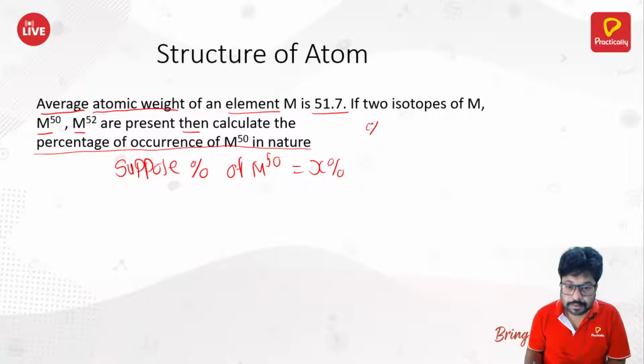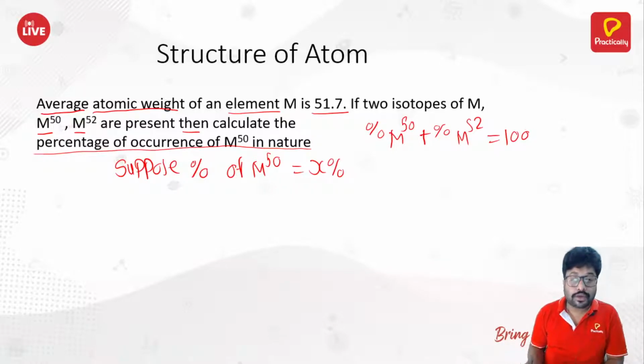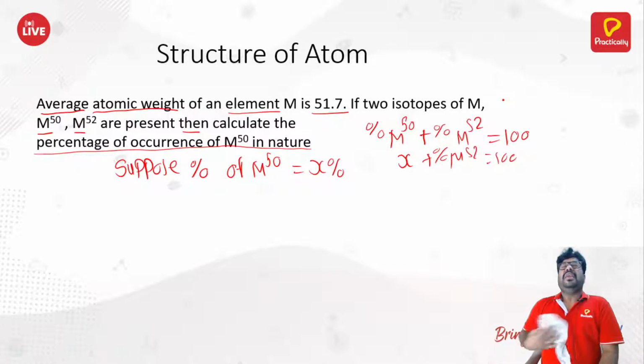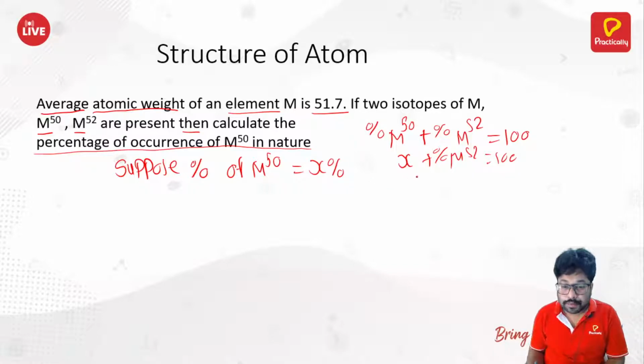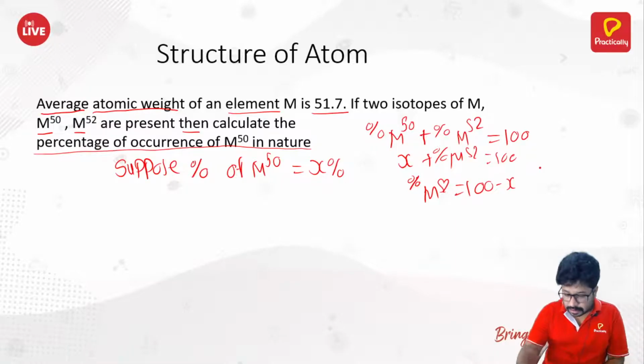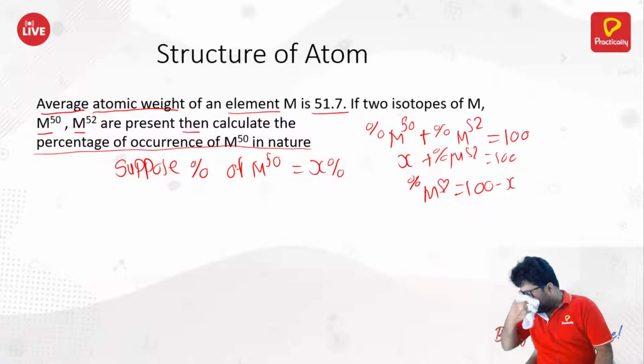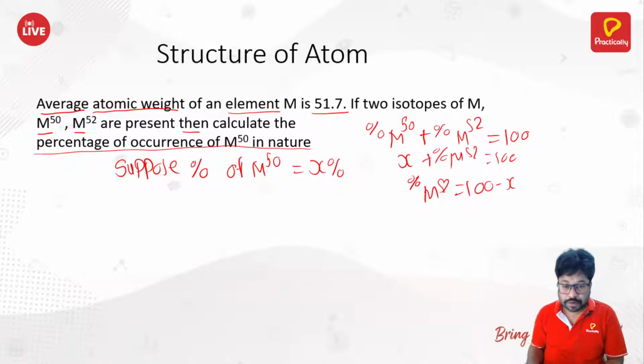Now you know that percentage of M50 plus percentage of M52 has to be 100, because those are the only two isotopes they are saying for M. So if for M50 it is X, then the percentage of M52 has to be 100 minus X.